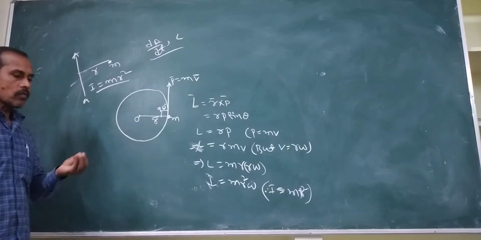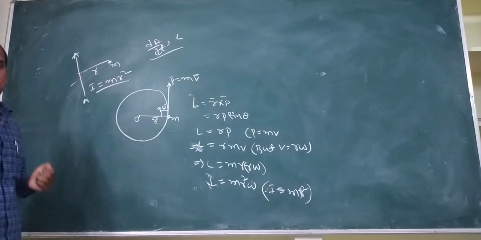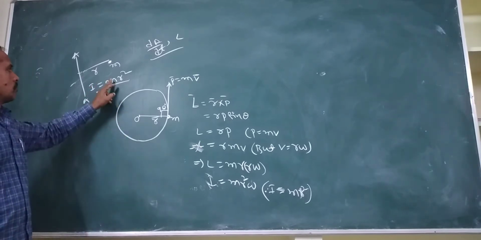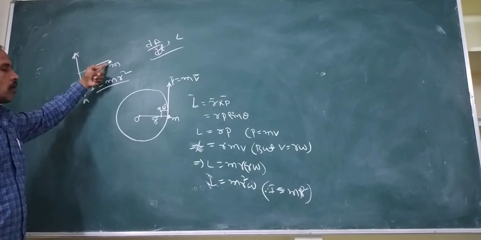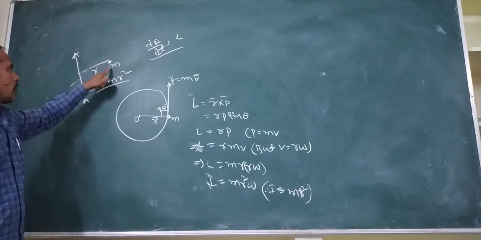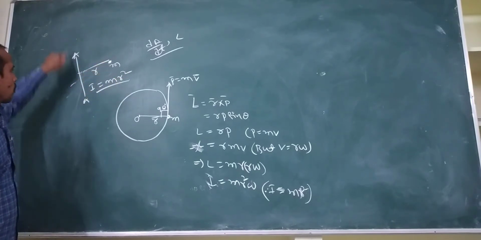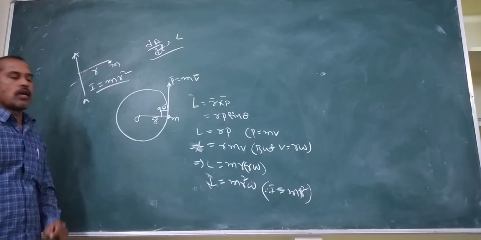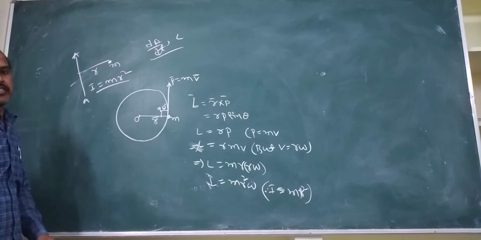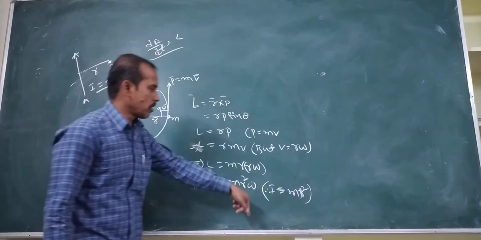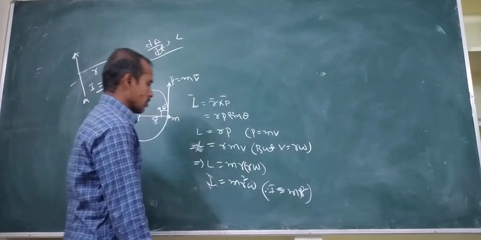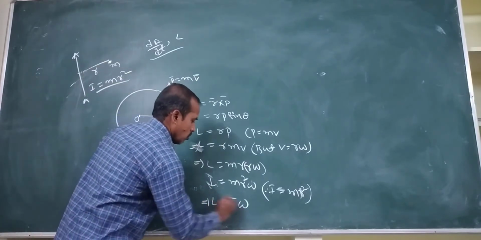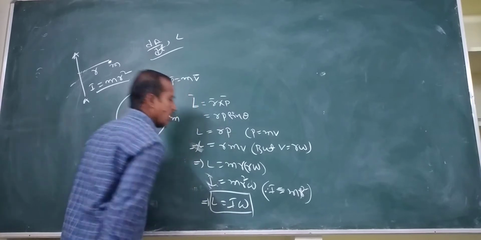Statement: the product of the mass of the rotating particle and the square of the perpendicular distance between the axis of rotation and the mass of the particle is the moment of inertia. So this simplifies to L is equal to I omega.